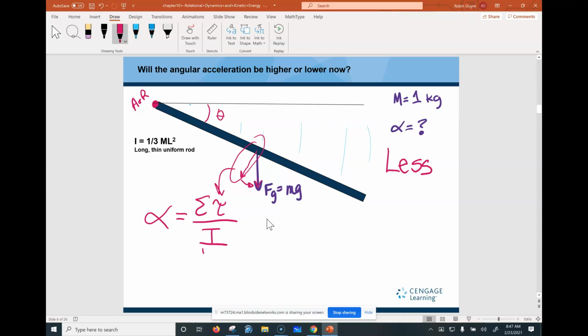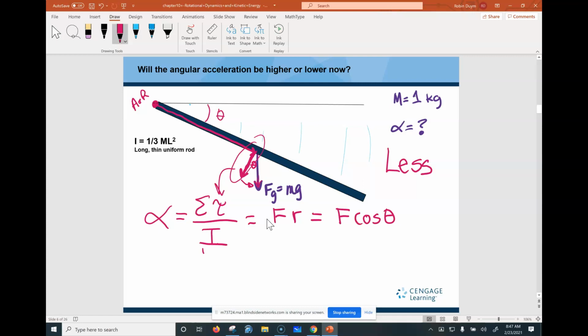it would be from your axis of rotation, here's your R, and then here's your perpendicular part. So you'd be using this theta, so it would look like F R, but you're using F cosine theta.